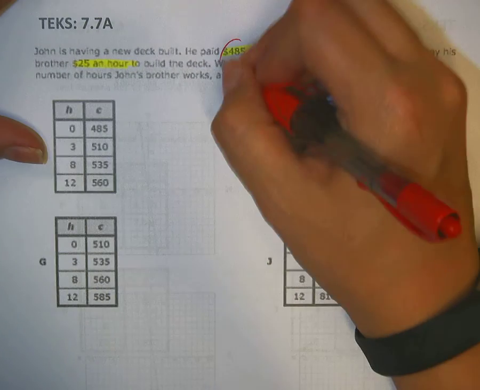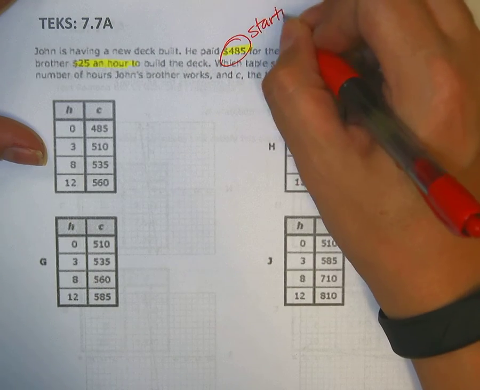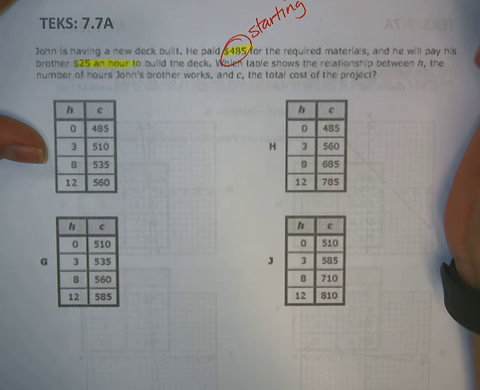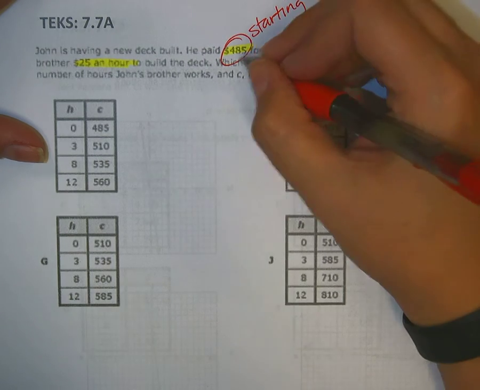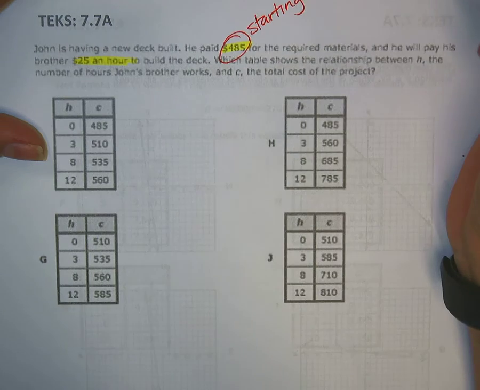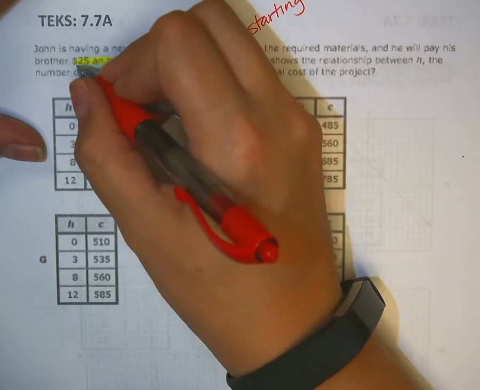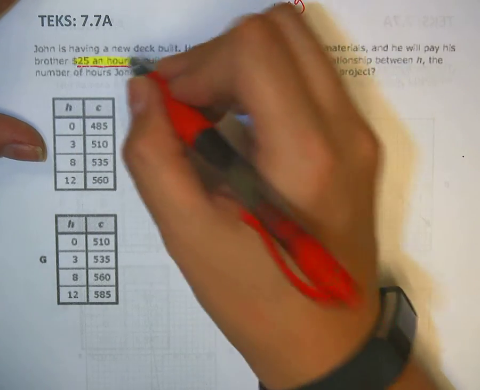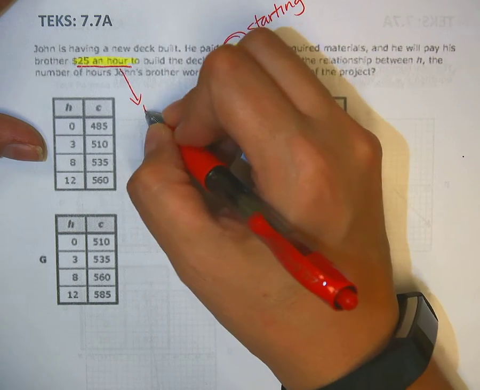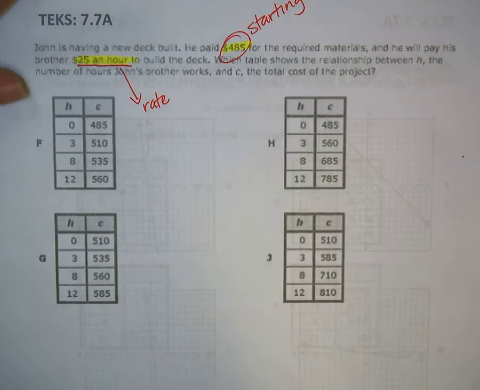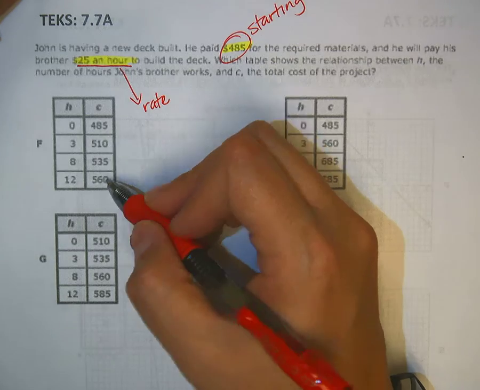So automatically, I know this is my starting point. That means that when x is 0, this is what my y value has to be. Okay, and because it says $25 an hour, I know that this is my rate, which means that's how I would be changing from hour to hour.